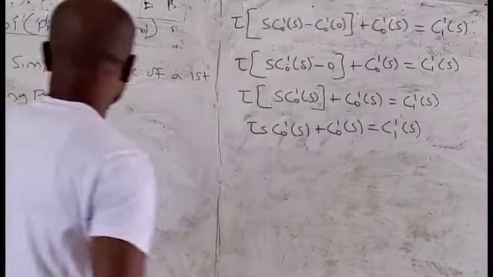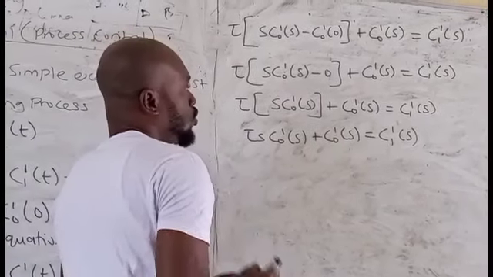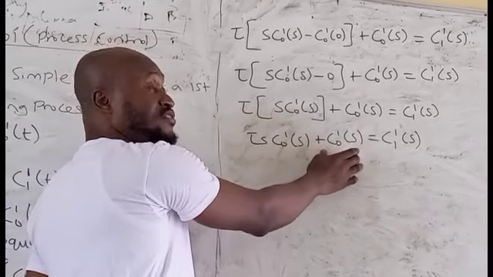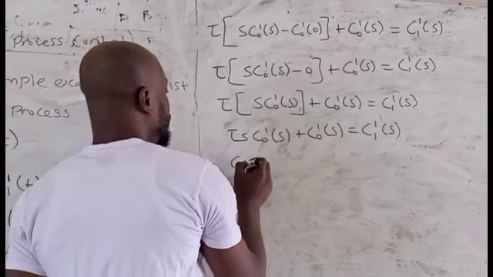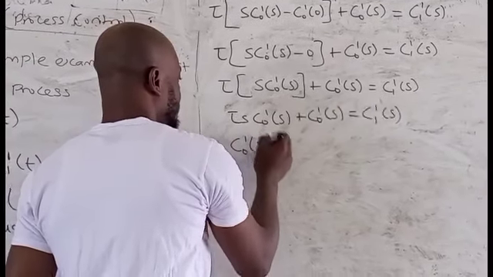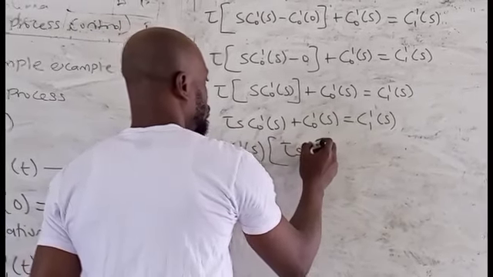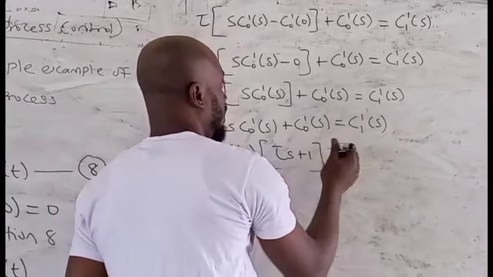Now, looking at this, something is common. C0'(s) is here, and I also have C0'(s) here, so I'll factorize. If I factorize, I'm going to have C0'(s) times tau s plus 1.